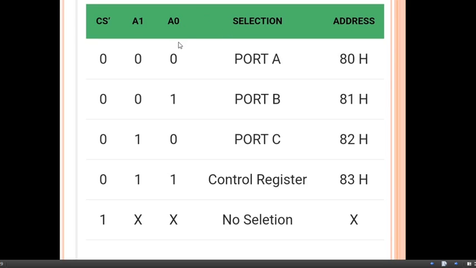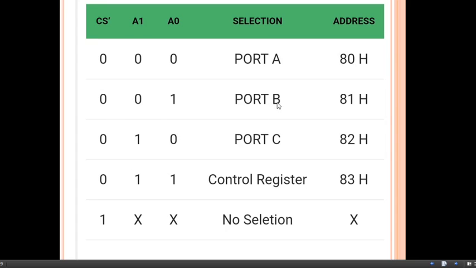So here we can observe A0, A1 and CS bar pin. As we have already seen, when both A0 and A1 are 0, port A will be selected. When A1 A0 are 1 and 0, port B will be selected. When they are 0 and 1, port C will be selected, and when both are 1, the control register will be selected. Now along with this, if the chip select signal is 0 and these two are also 0, port A is selected and the address of port A is 80H.